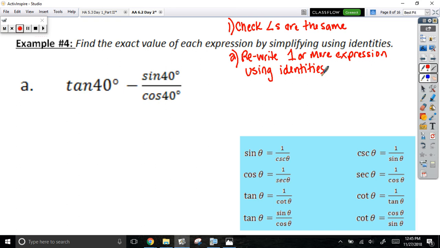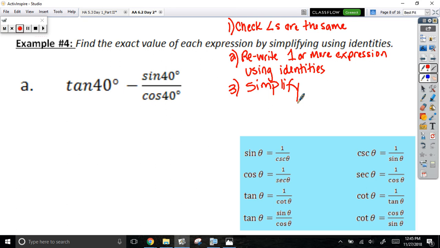So this is like what we did at the beginning where we said sine of 45 is equal to 1 over cosecant of 45. Just like copying in to the formulas, rewriting. And then step 3 will always be to simplify. A lot of times things will cancel out in the numerator and denominator. And there's more than one way to do this, depending on which trig identity you choose to rewrite.